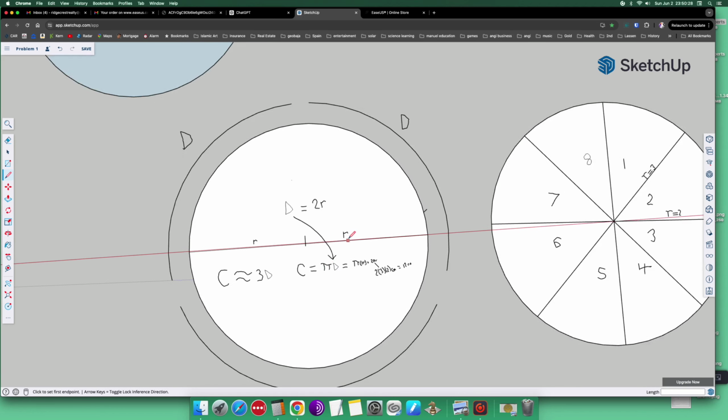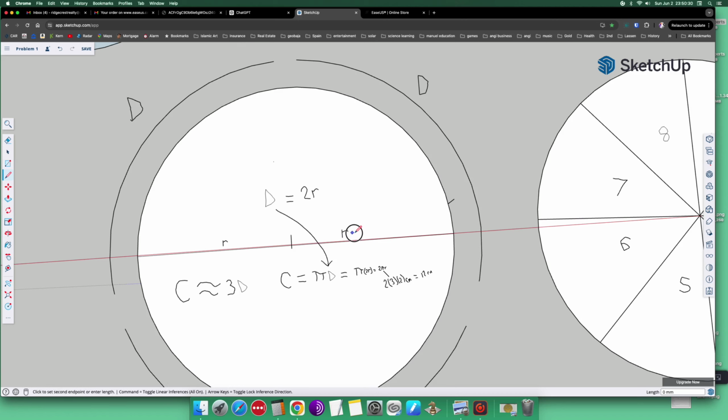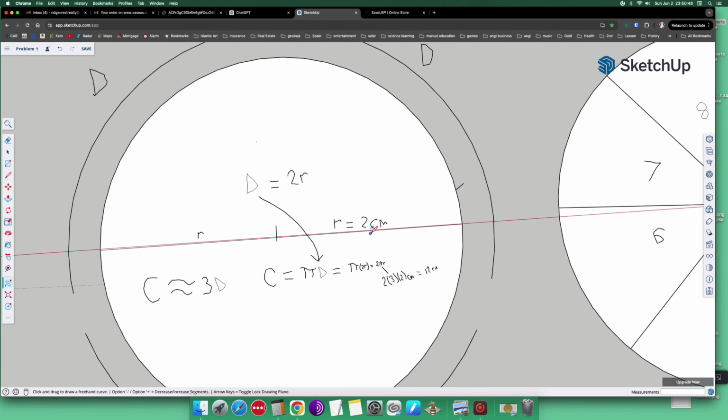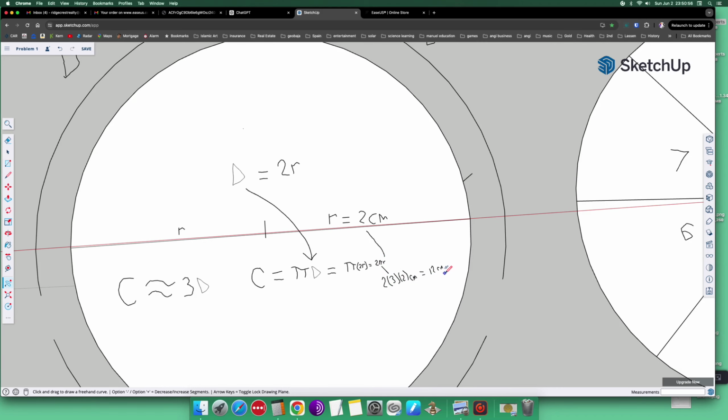Because this radius, as defined by the problem, is equal to 2 centimeters. That's where this 2 is what I plugged into the radius here, and I let pi equal 3, so that's where we get 12 centimeters.